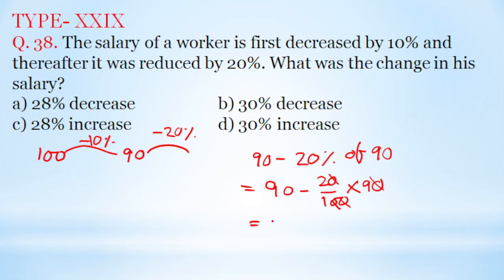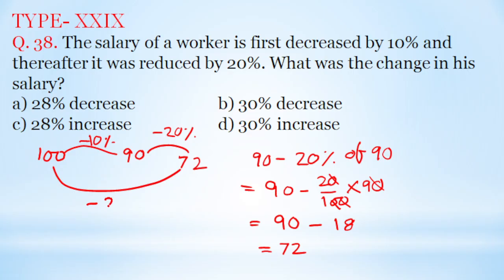So that is equal to 90 minus 2 9s are 18. It is 90 minus 18. So that is equal to 72. That means after 20% deduction, the salary is now 72. Originally it was 100, now it is 72. So there is a decrease of 28%. That means here the option A is the right answer.